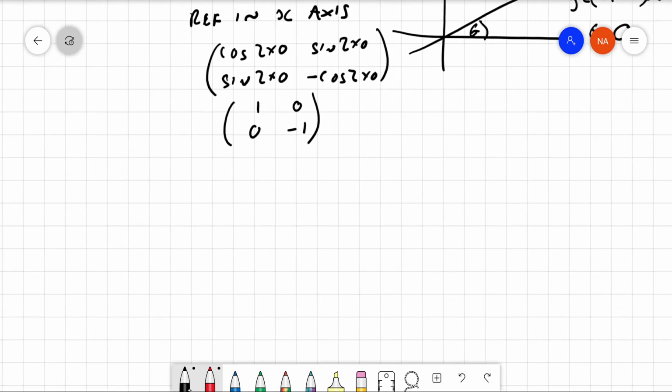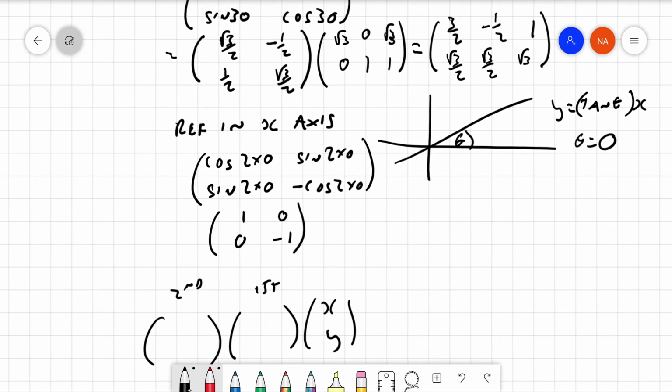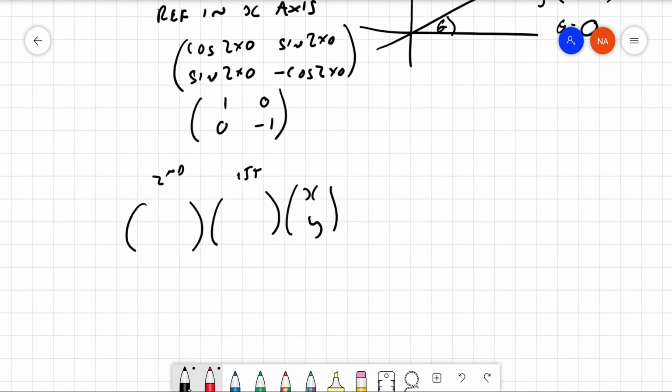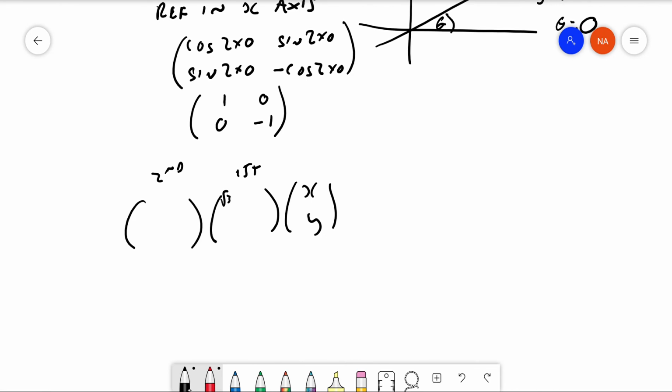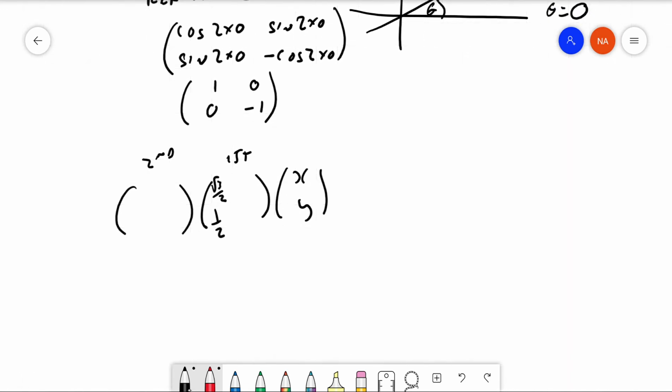So remember, we have to do the first transformation on our source, and then the second. The first thing we got was our first matrix, which was that one up there, which was root 3 over 2, half, and minus a half, root 3 over 2.